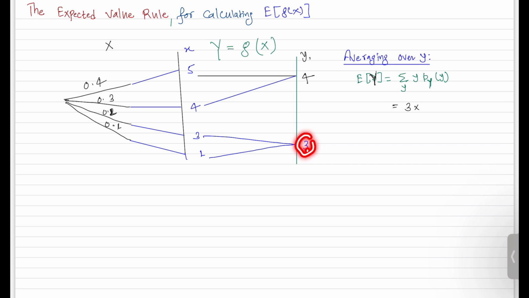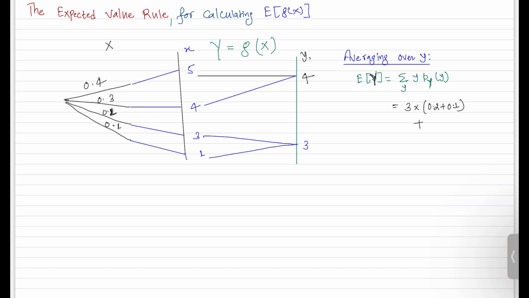This event is associated with the values that random variable x takes, 3 and 1, which have the probabilities 0.2 and 0.1. So random variable y will take the value 3 with the probability 0.2 plus 0.1.